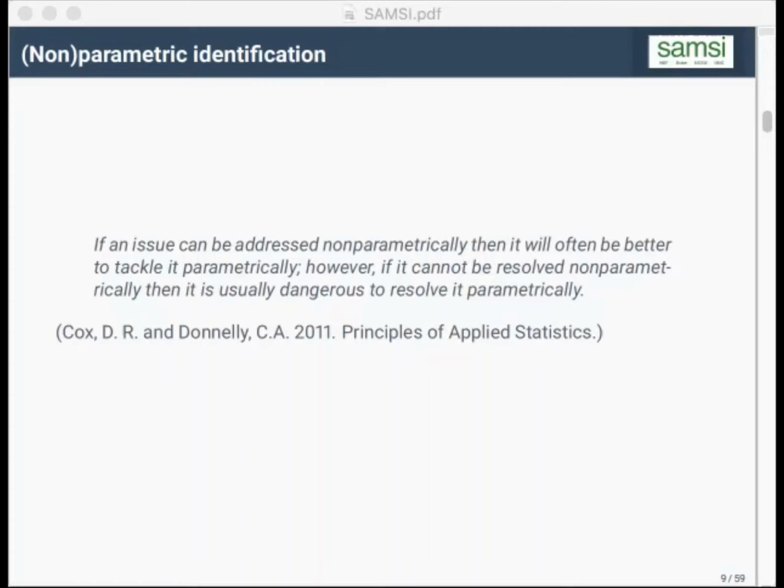And another reason is that intuitions like, well, this parametric model approximates the truth, so even if it isn't quite right, my results shouldn't be too far off. That kind of intuition applies when you're using parametric models for estimation, but this intuition breaks down when those same parametric models are what's buying you identification of causal effects in the first place.